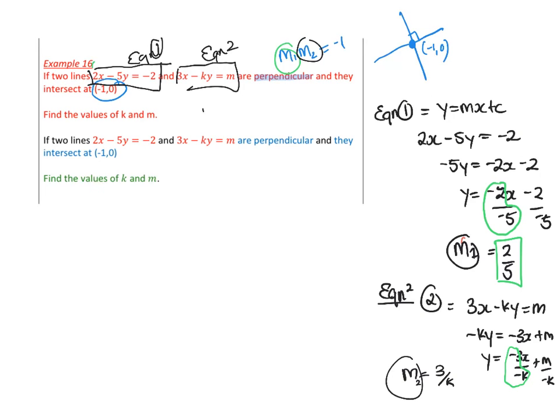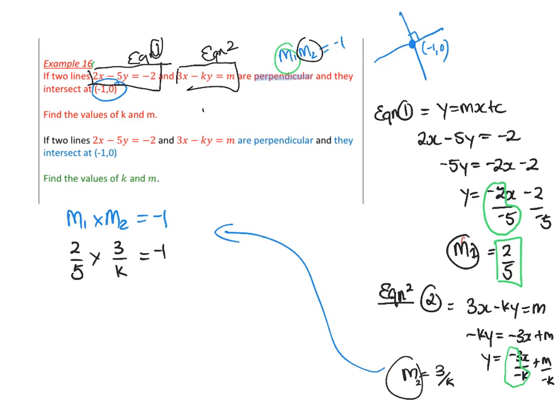So if I go and draw that over there, so I've got m1 times m2 must be -1 because they're perpendicular. I'm going to pop them in. So 2 over 5 times 3 over k. Now, surprise, surprise, I only have one letter unknown. So I can find k, can't I? Yes?